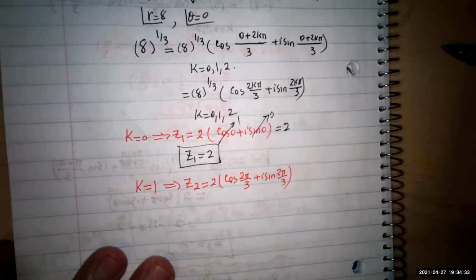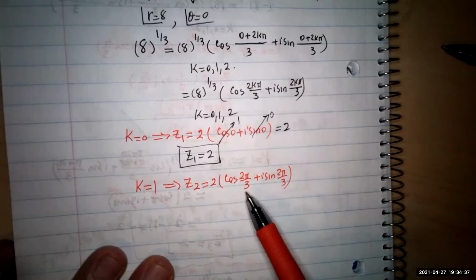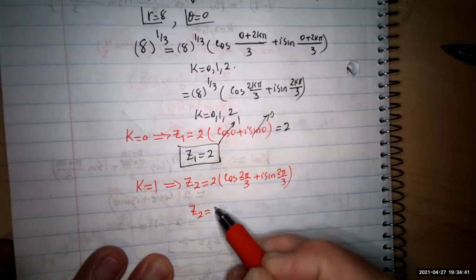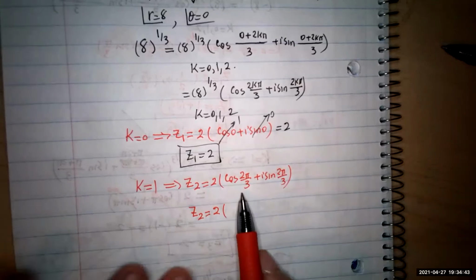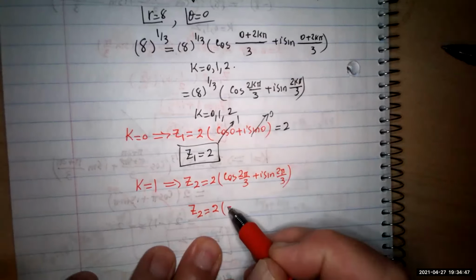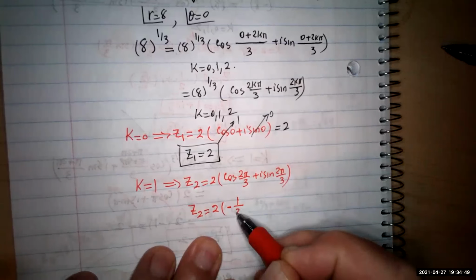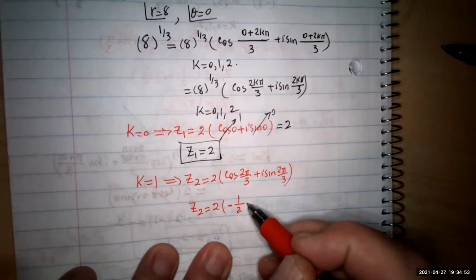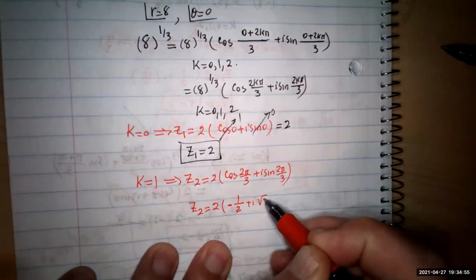So 2 pi over 3 would be what? 120 degrees, so it's in the second quadrant. It's like 60, but with different signs. For 2 pi over 3, the cosine is negative, so that gives you negative half, plus i radical 3 over 2.